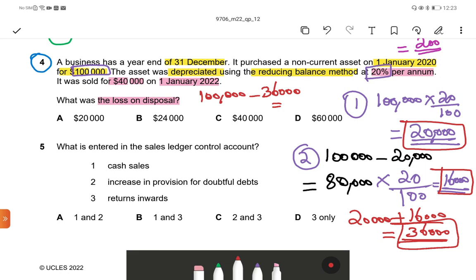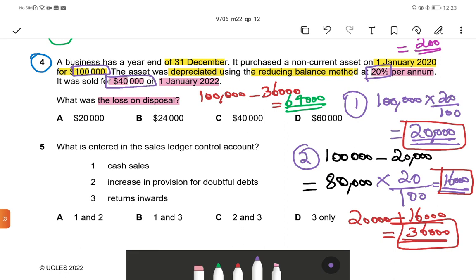That is the net book value. But what is the price they sold for? They sold for 40,000, but the net book value is 64,000.